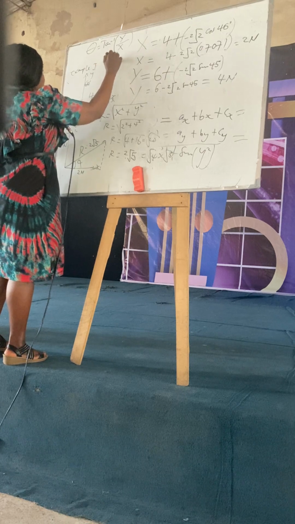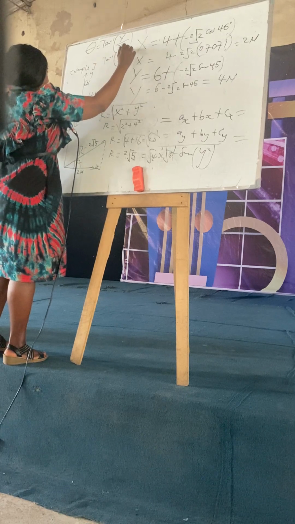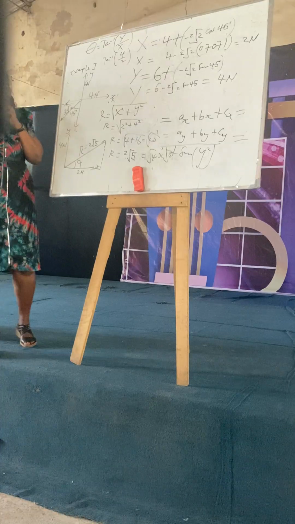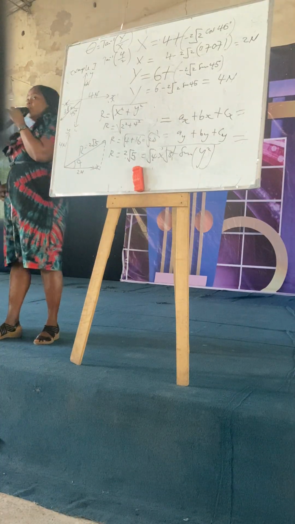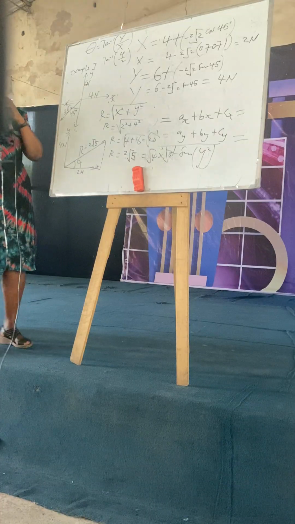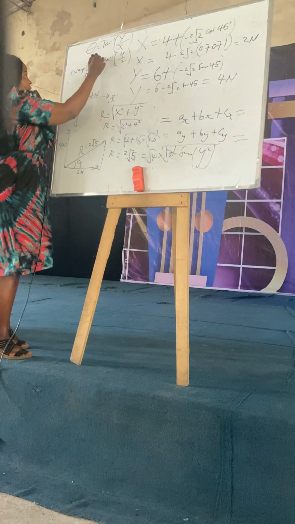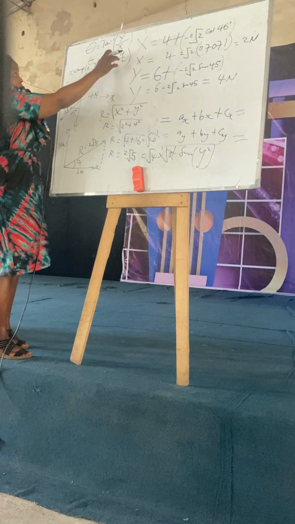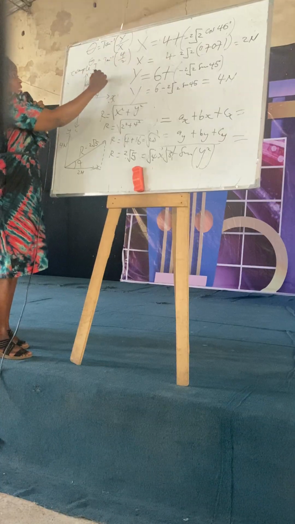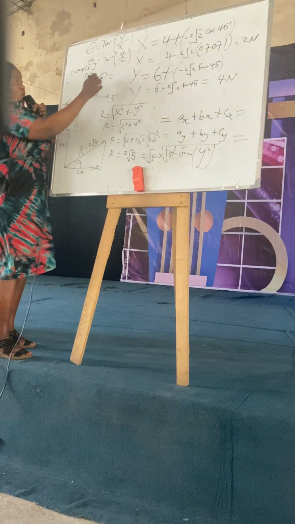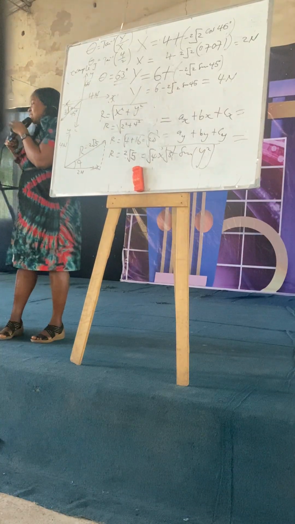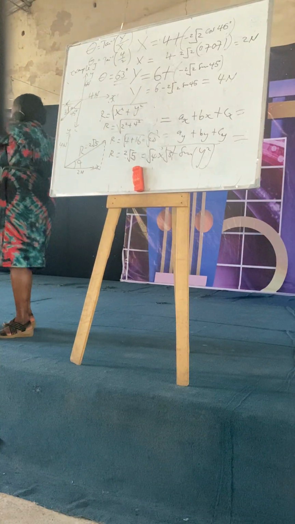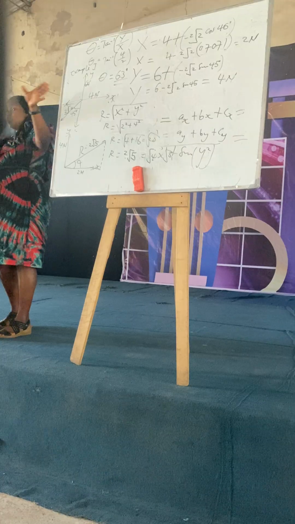Tan inverse of 4 over 2. If you divide it, theta is equal to 63 degrees. Remember how to find your tan inverse: second function, tan. So this is what you do.